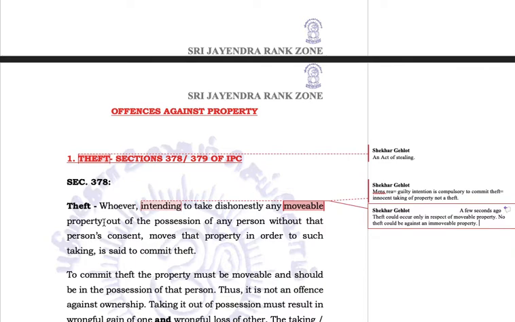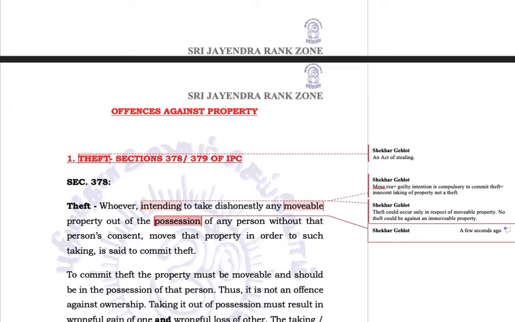Now you are taking the property out of the possession. Someone is having possession of the property. We are not talking about ownership here. Possession and not ownership is the key.